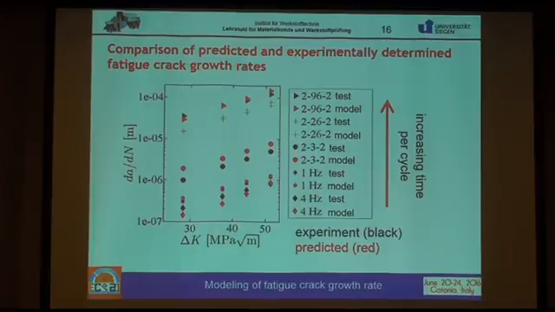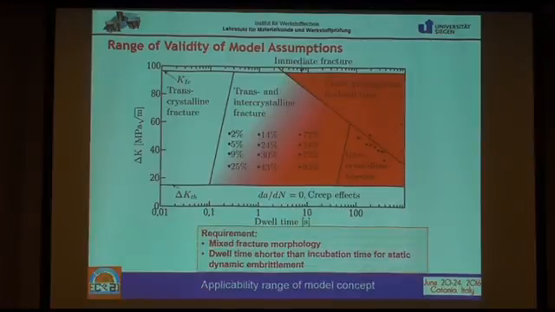But I have to say, of course, you have to consider the range of application here. And what is the range of application? We plotted here the fracture area map in a way that we plotted the delta K value along the ordinate and the dwell time or the cycle time along the abscissa. And as you can see here, we move from a transcrystalline into a mixed fracture behavior. And of course, at very high dwell times we also obtain intercrystalline fracture behavior.